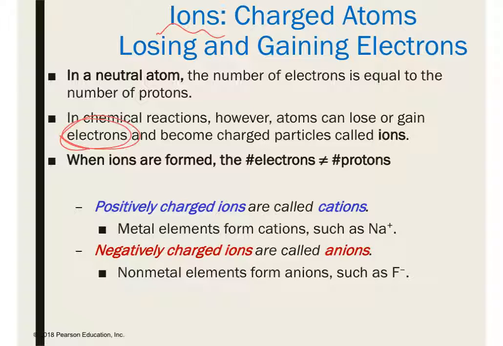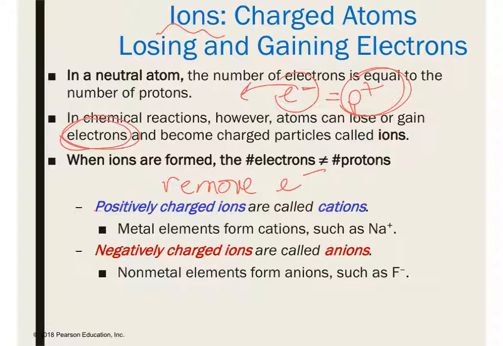Okay, so if you remember, in a neutral atom, the number of electrons equals the number of protons. Okay, if you take electrons away, you're left with extra protons, right? So if you remove electrons from an atom, you form a positively charged atom called a cation.